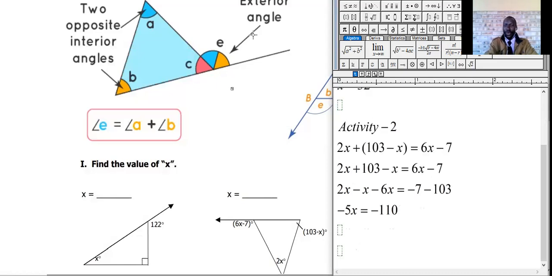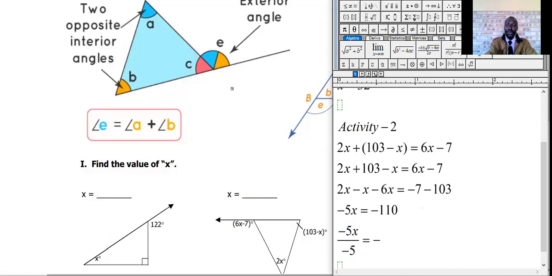In the next step, to find the value of x, we now divide negative 5x by negative 5. Why do we do that? Well, because we want to find the value of x. So when we divide negative 5x by negative 5, we are going to be having only x on the left-hand side.